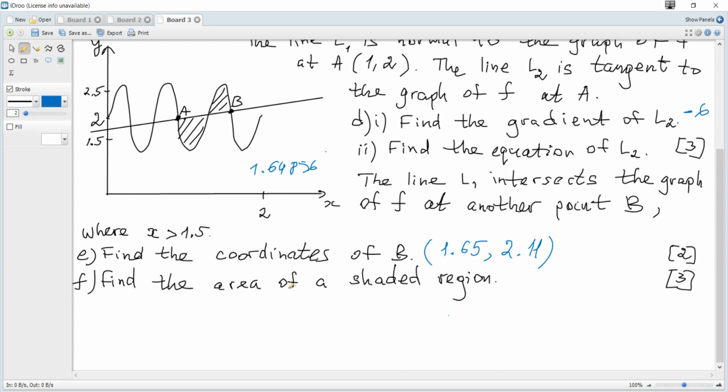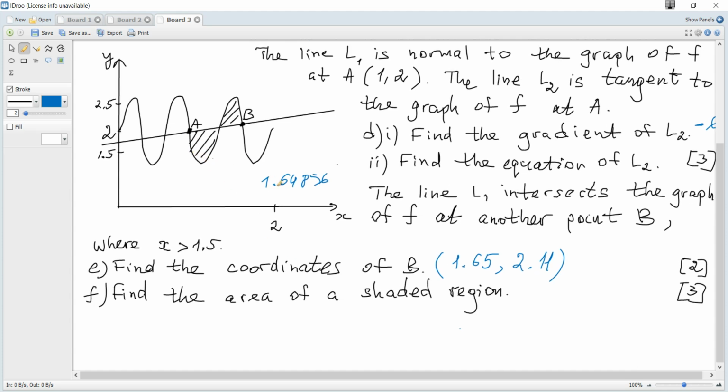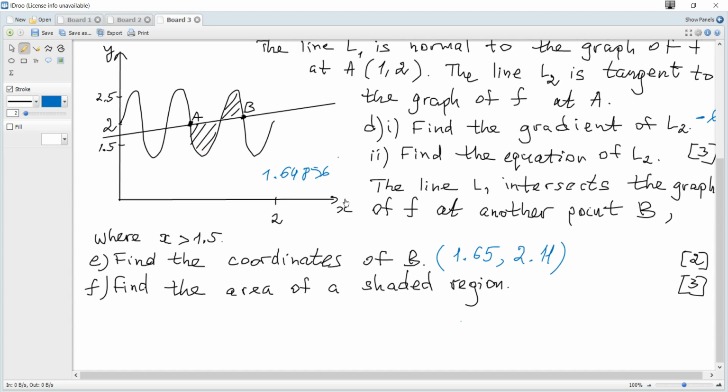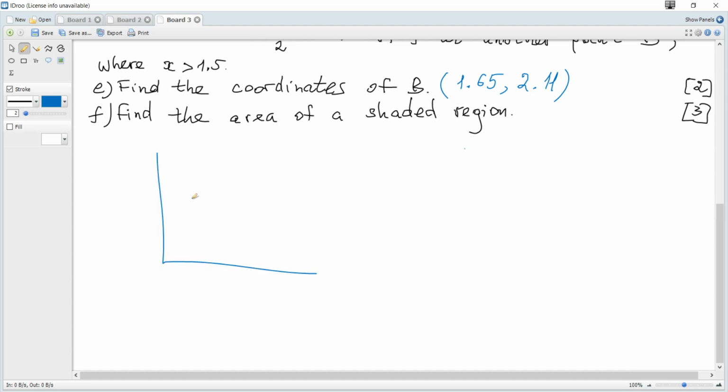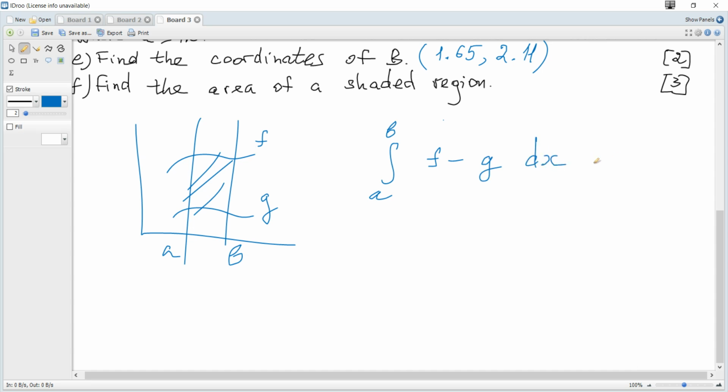And find the area of the shaded region. You can see that it's the area between two curves, and we know that the area between two curves can be found as a definite integral from a to b of the upper function minus the lower function dx.